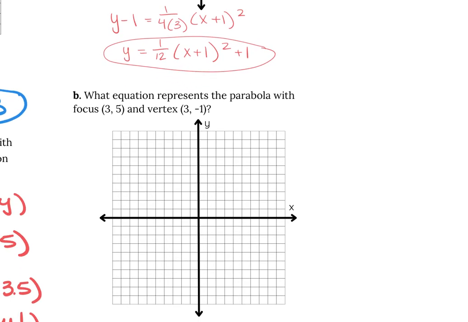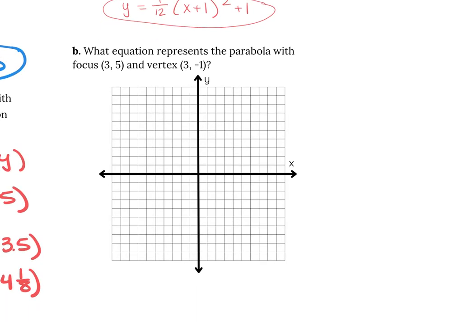All right, B. What equation represents the parabola with a focus of 3, 5? And then it has a vertex of 3, -1. Okay, so this time they gave us our focus and a vertex. They didn't give us our directrix, but we don't need it. We can find it.